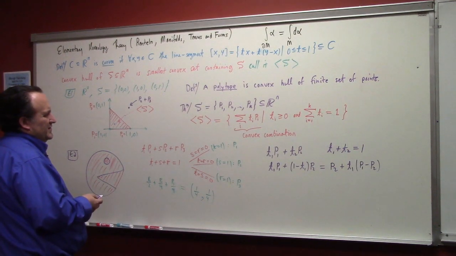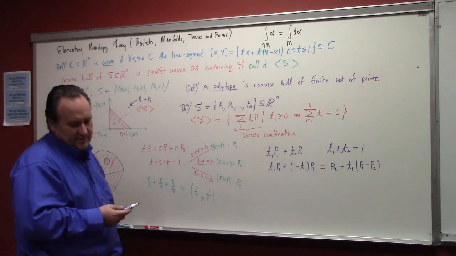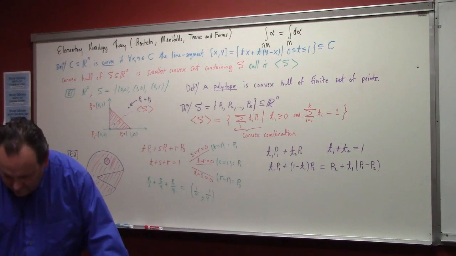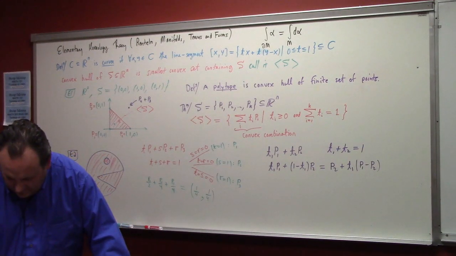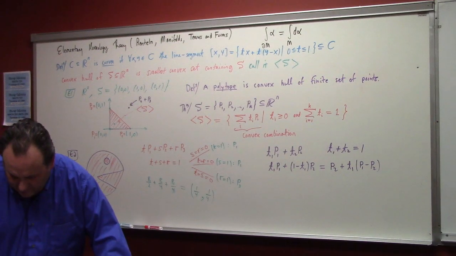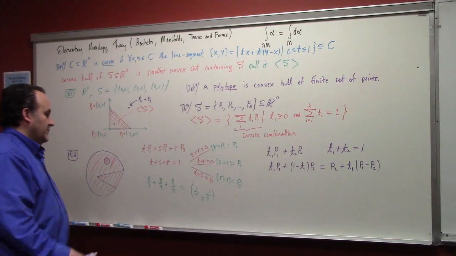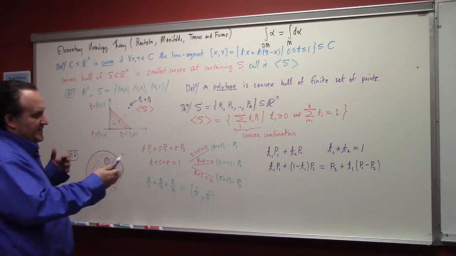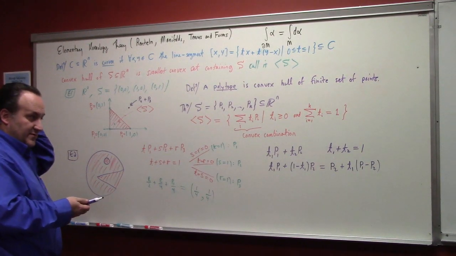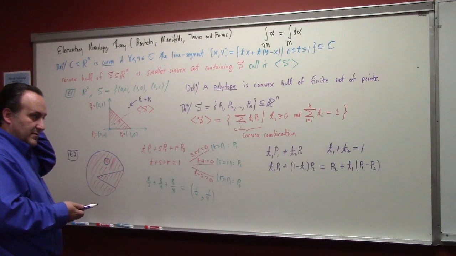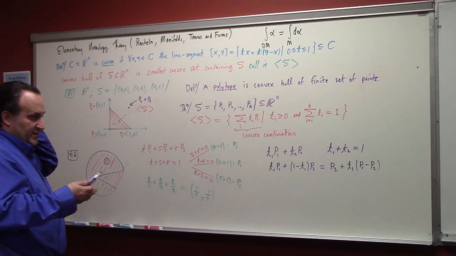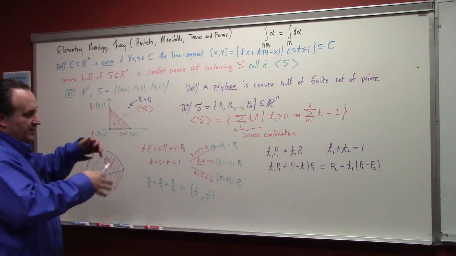I guess the question is to show the convex hull as precisely the set of convex combinations of the points. So that does show that the convex hull of P1 to P2 is the set of convex combinations, that algebra.